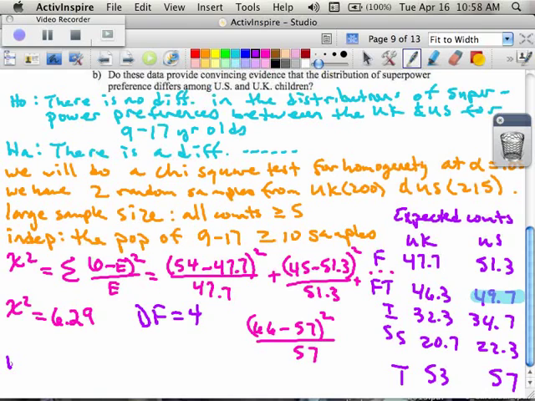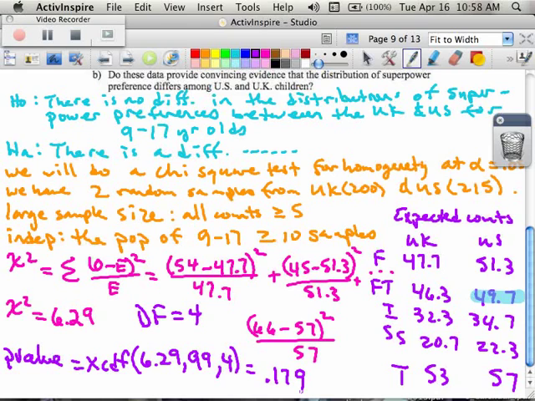So when I'm trying to find my p-value, I know this is going to be equal to the chi-CDF of 6.29, comma 99, comma 4, and I get a p-value of 0.179. And this again is where we draw our conclusion, and we see that our p-value is more than alpha of 0.05.